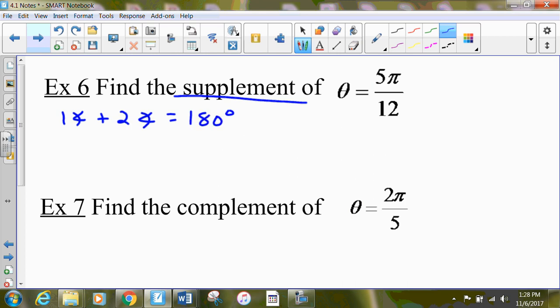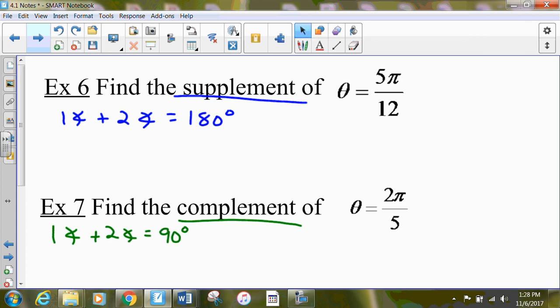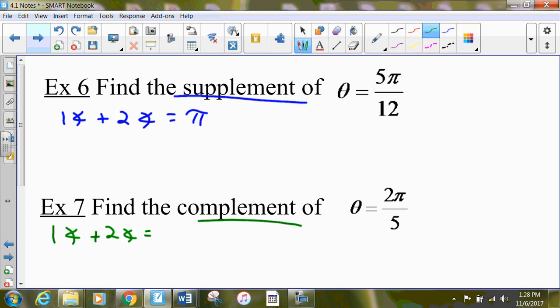And when we're talking about complement, we take one angle plus a second angle, and they add up to 90 degrees. Why don't we use radians instead of degrees, because they're giving us radians. So that's pi, and that's pi over 2.